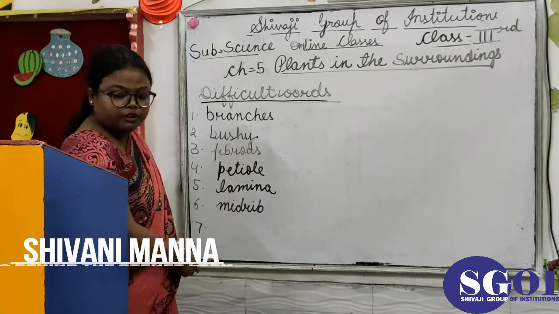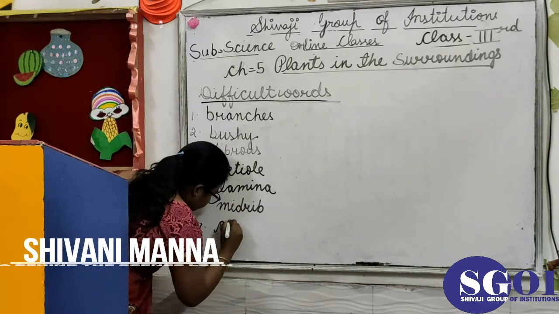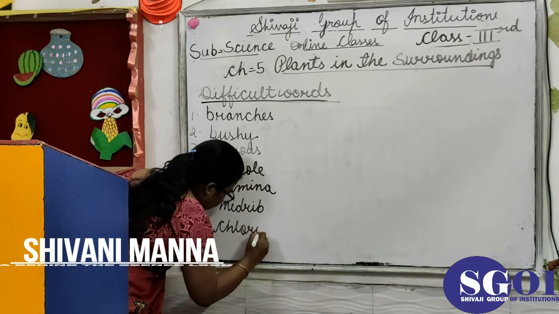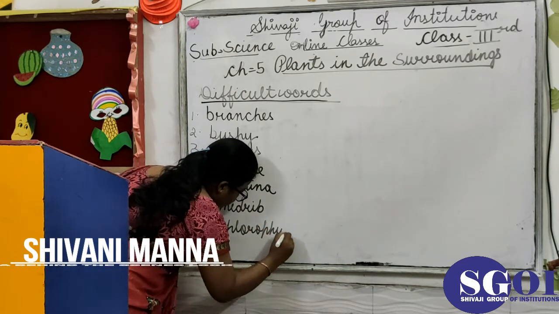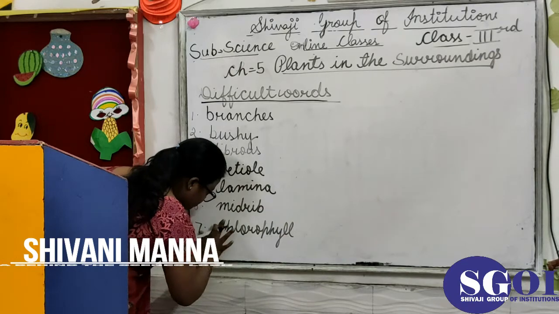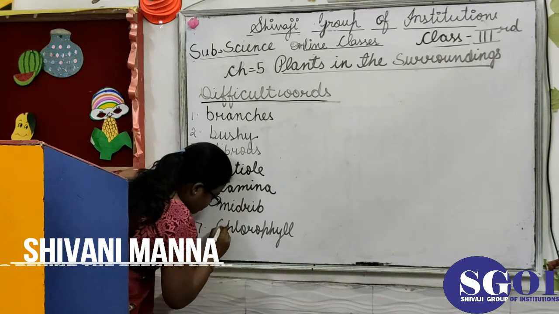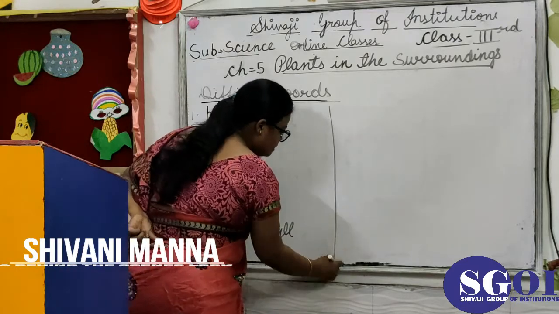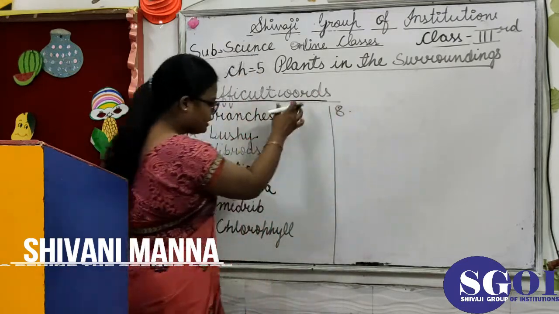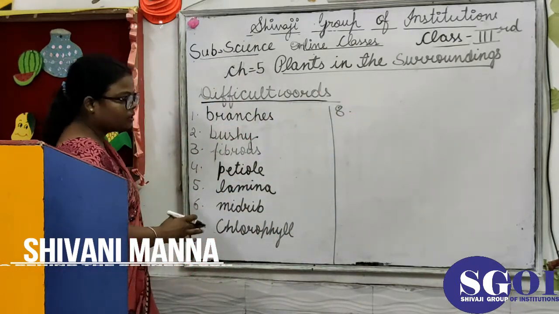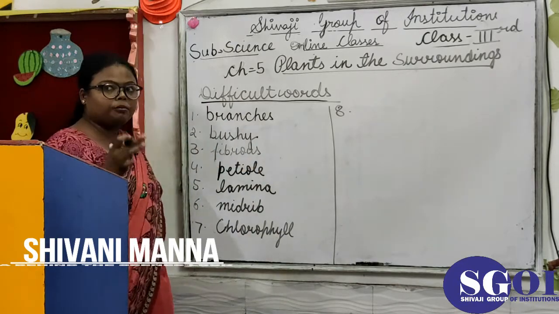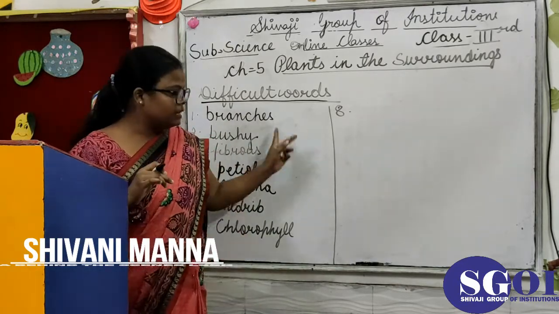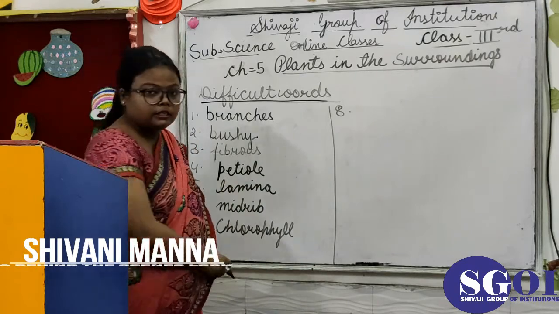Seventh, chlorophyll. Eighth, kids, I do not have enough space to write it in full, so I write it here, but you have to take the full page. Eighth one is stomata.